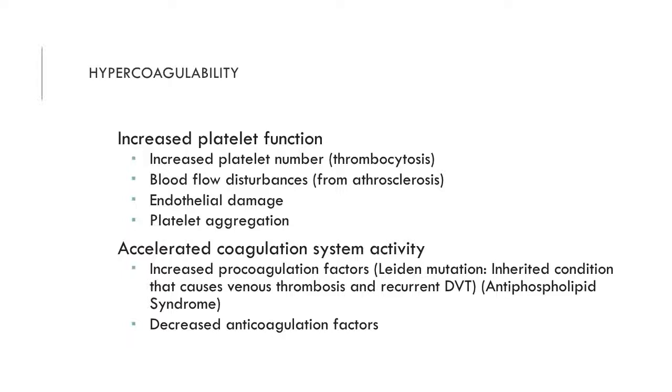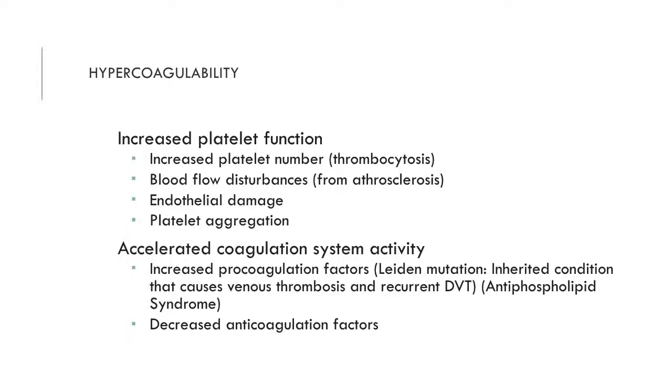Hypercoagulability, or overability of the blood to clot, is one of the major problems we have with hemostasis. It can be caused by increased platelet function, meaning that we have an increased platelet number. We call that thrombocytosis.